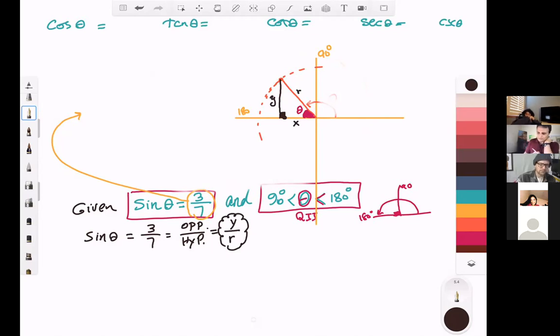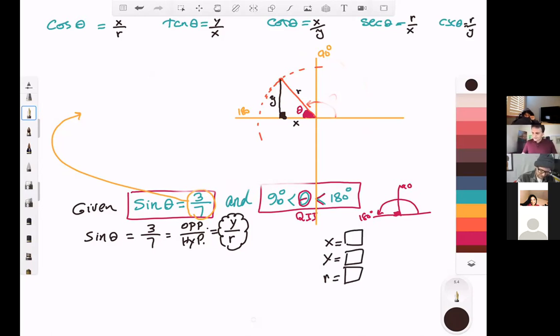In your note sheet, you wrote cosine of theta is x over r, tangent is y over x, cotangent is x over y, secant is r over x, and cosecant is r over y. Cool, so we have that. The thing is we have to solve for x, y, and r. If we find those, then we just substitute the values.